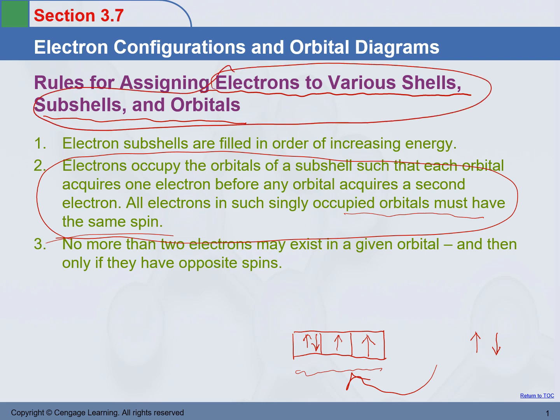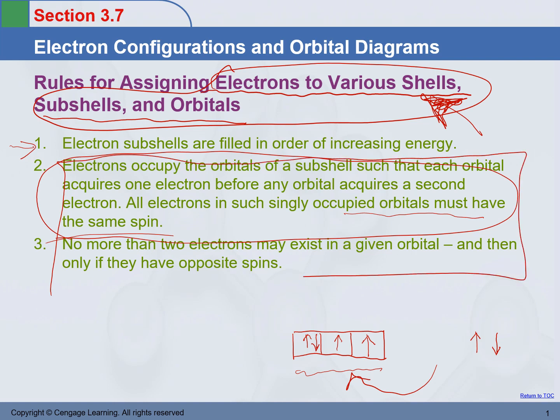As a matter of fact, by following rule number 1, we can accomplish a lot of this. The last 2 rules will only be needed when we talk about orbital diagrams at the end of this lecture. Let's move on.